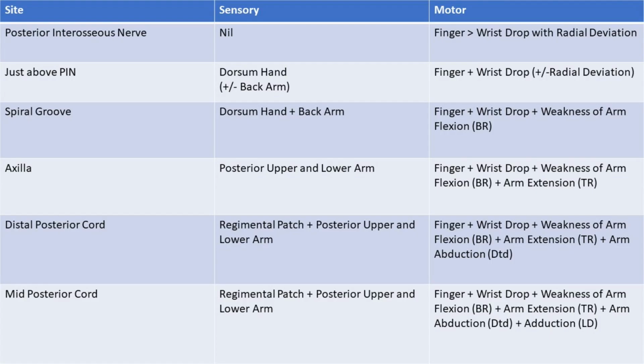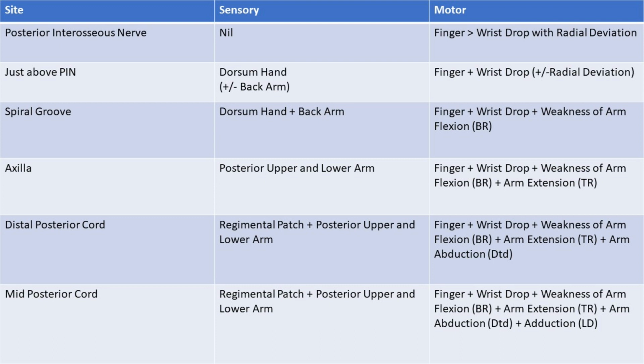So just summarizing all of these different areas in this table. In terms of sensory and motor deficits, if one has a lesion in the posterior interosseous nerve, there'll be no sensory loss. In terms of finger extension, there will be finger extension weakness more than wrist drop with radial deviation, as I've explained, because you'll still have the branch going to the extensor carpi radialis longus, giving some strength to the actual wrist itself, which will allow for some wrist extension to occur.